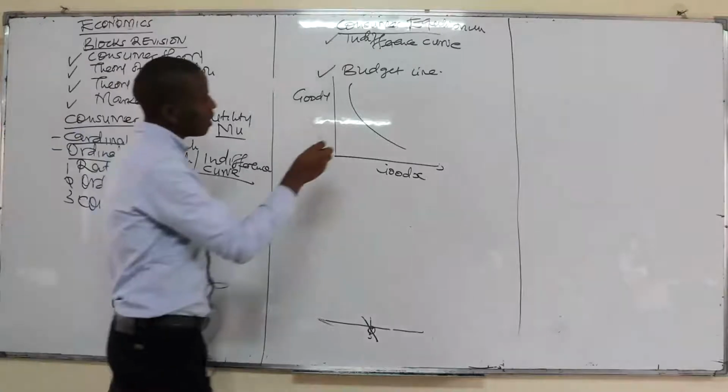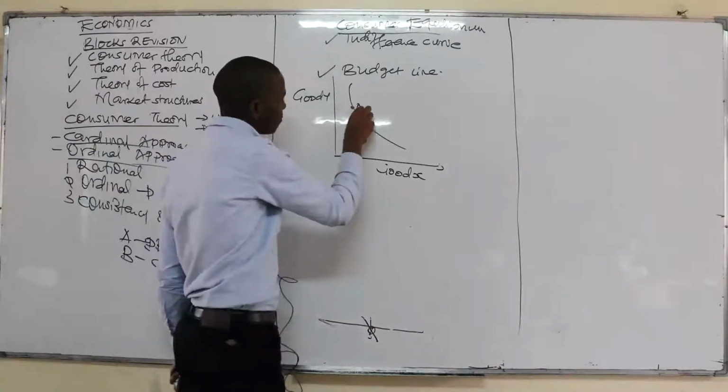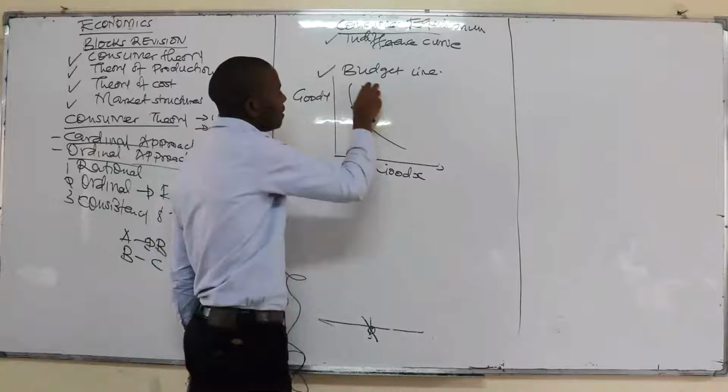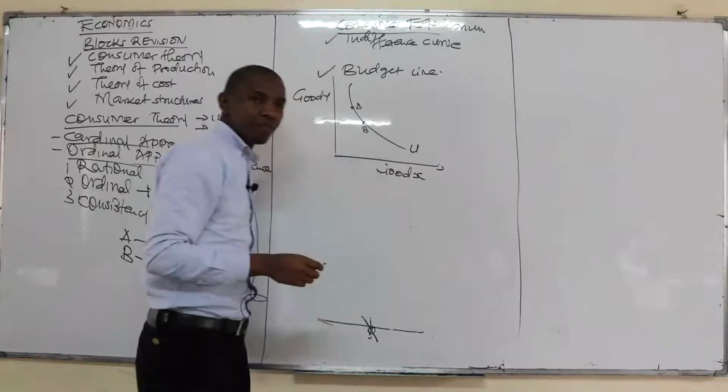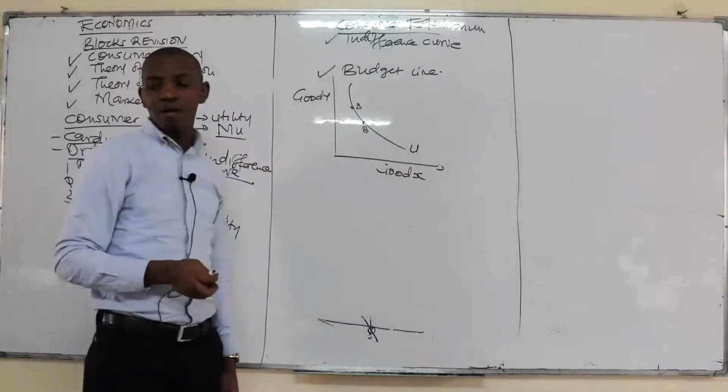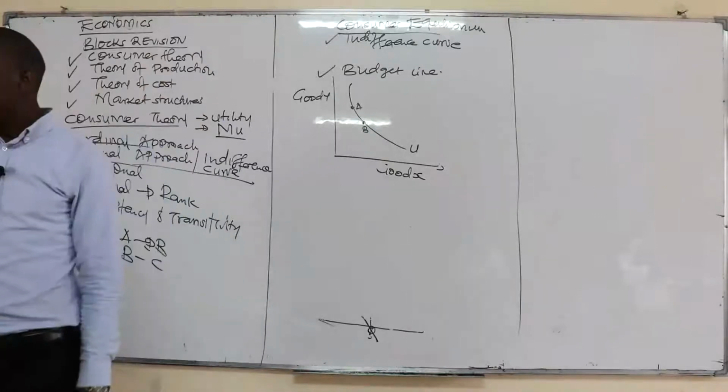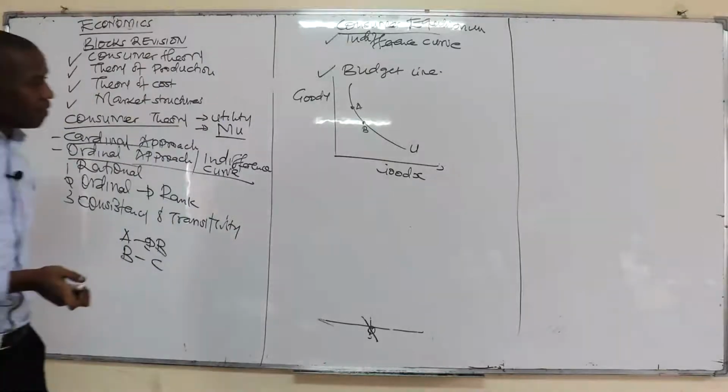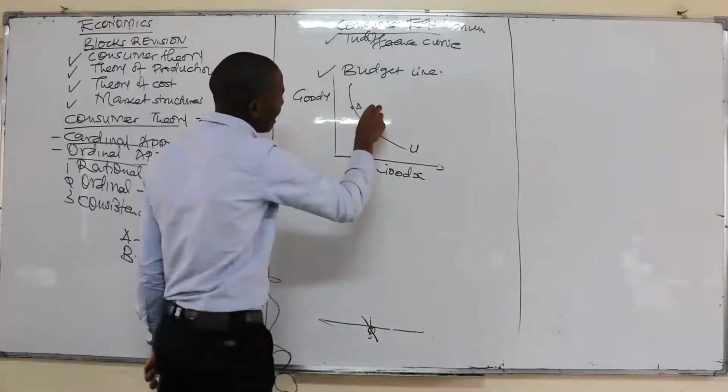So this is what we call the indifference curve, U. Then we have, I can have C and we have D here.